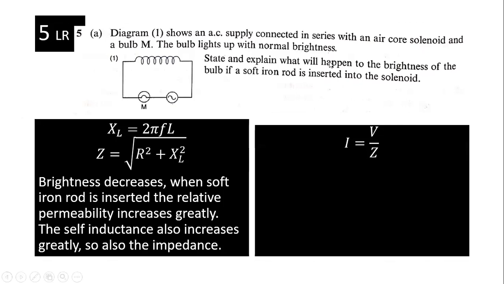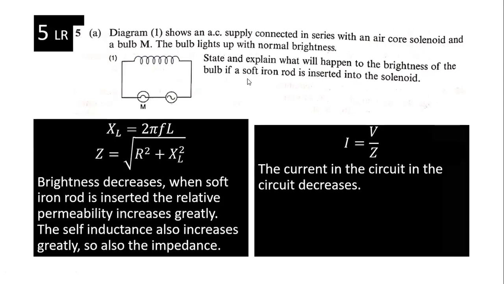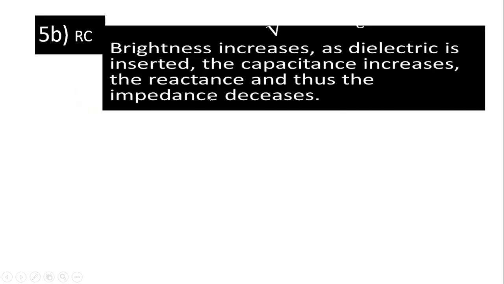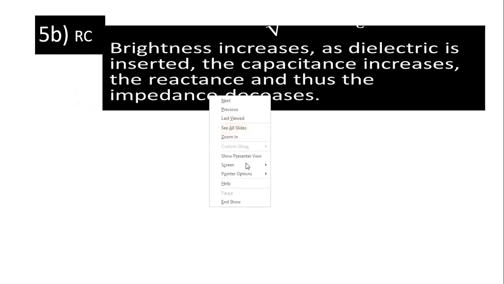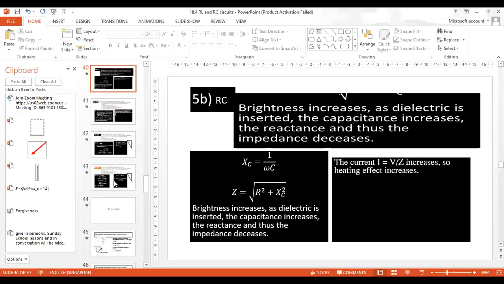State and explain what happened to the brightness of the bulb if a soft iron is inserted. Okay, what happened to the question? I don't know. Oh, I left out the question.